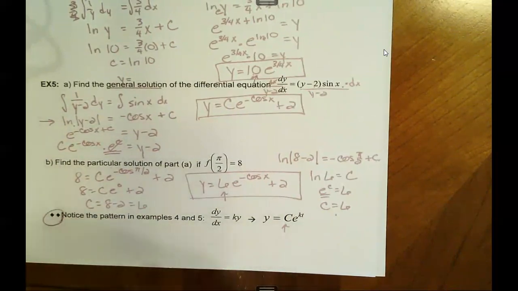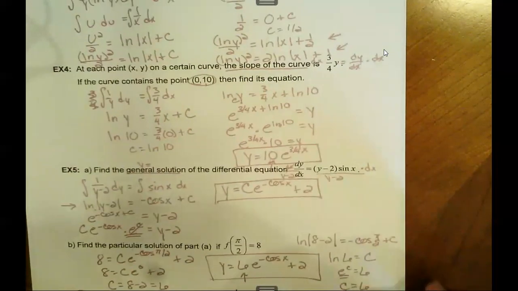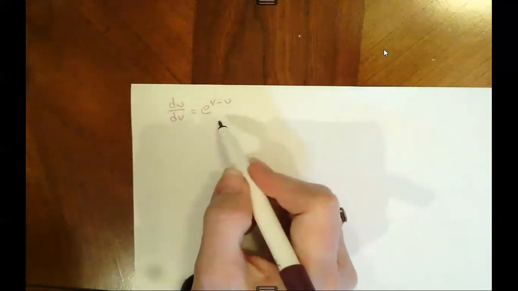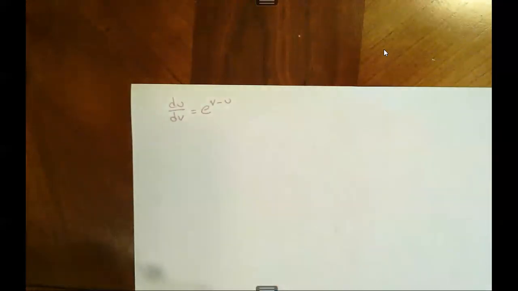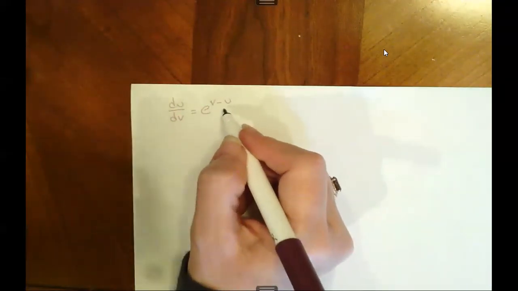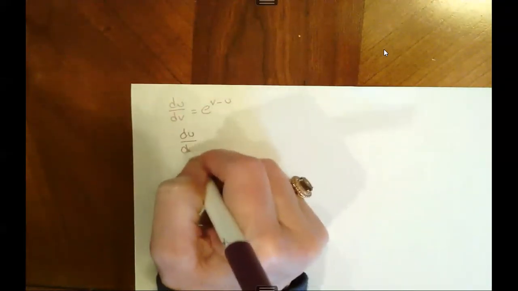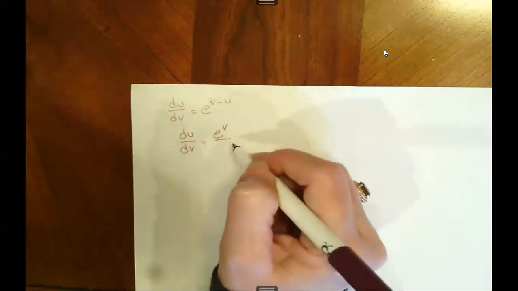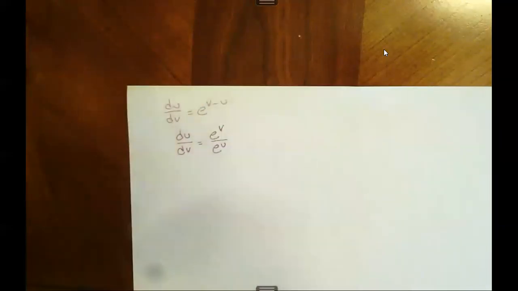All right, so on your paper, there are going to be some other examples. I want to go over one more thing before I leave you to it. If you have a problem like this, don't forget that this is also something that you could separate out, like subtraction is division, just like addition is multiplication. So e to the v minus u power becomes e to the v over e to the u.